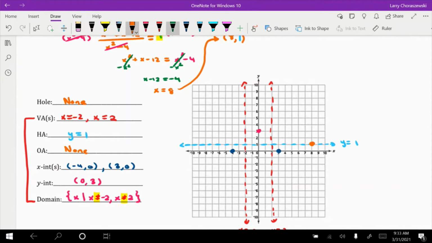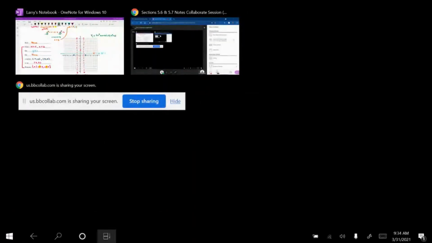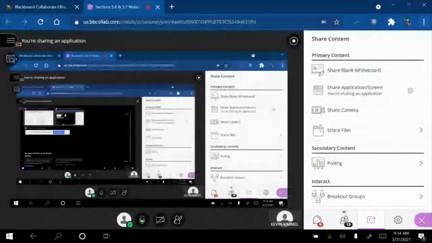All right, so with that said, we'll go to our graphing calculators, and in Y1, we're going to enter the standard form version of this function. That's going to be x squared plus x minus 12 in parentheses on top, and then x squared minus 4 in parentheses on bottom. Where's my graphing calculator?